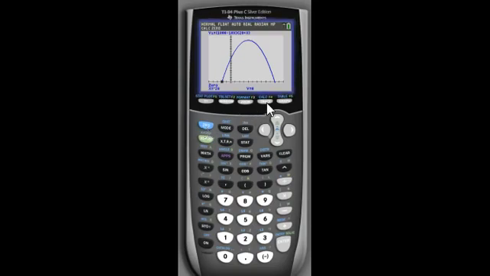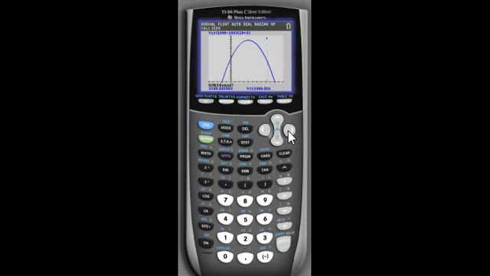And I can do the same thing for my other x-intercept. So I'm going to scroll this all the way around, and I need the left bound to be to the left of the intercept that I'm looking for. So right there is fine.